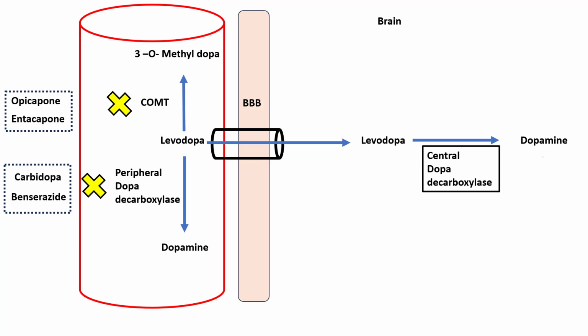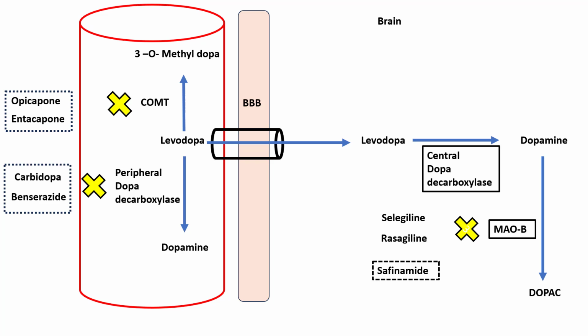The dopamine in the brain is then broken down by two enzymes, one of which is MAO-B, that can be inhibited by selegiline, rasagiline, and safinamide, of which selegiline and rasagiline are irreversible inhibitors of MAO-B, while safinamide is an example of a reversible inhibitor of MAO-B.